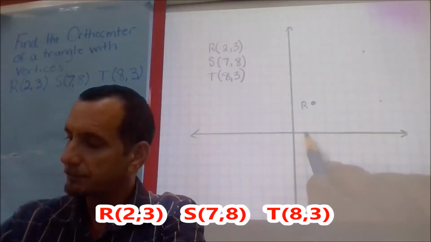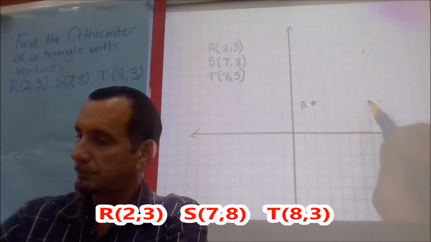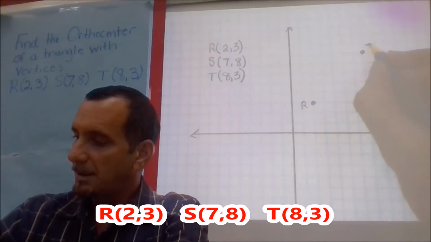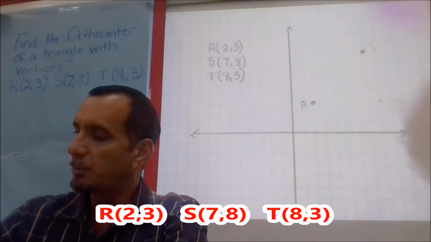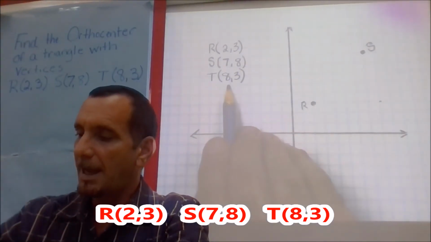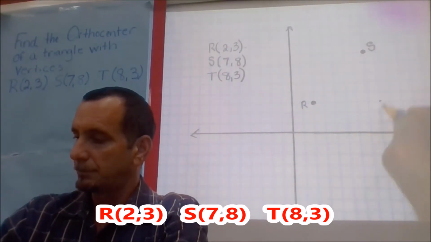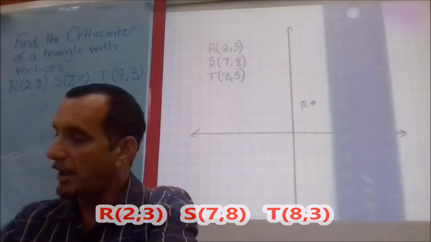S, 7, 8. I'm just going to label it S. And T, 8, 3. So I've got my triangle.